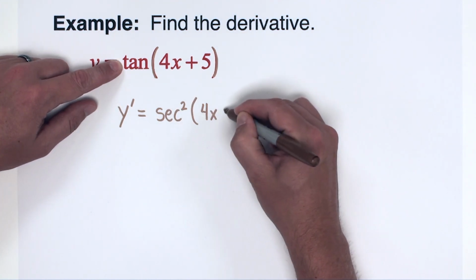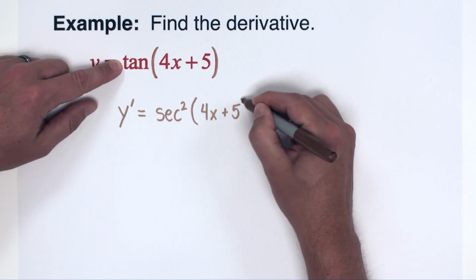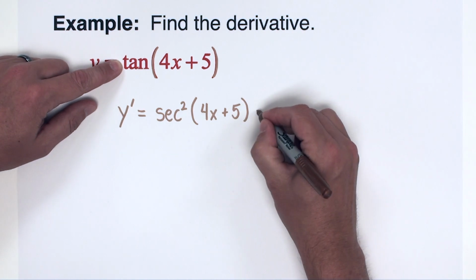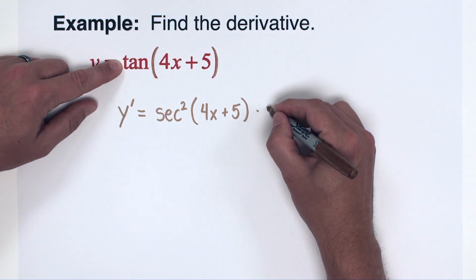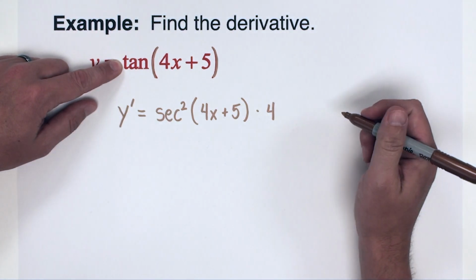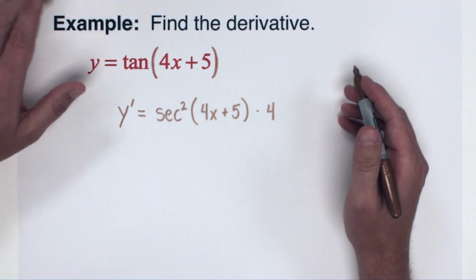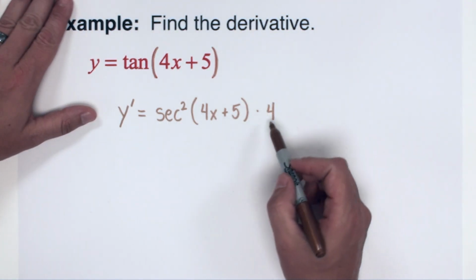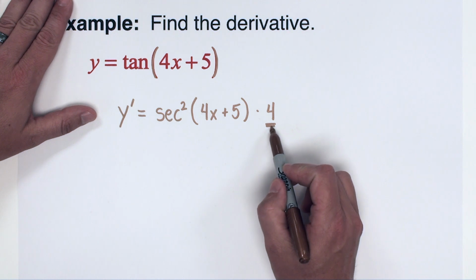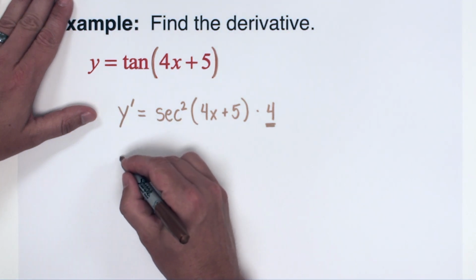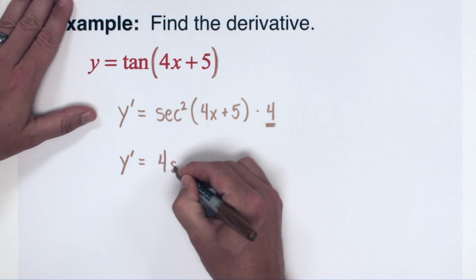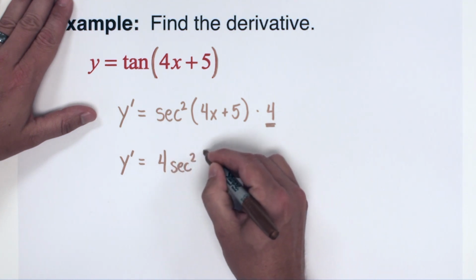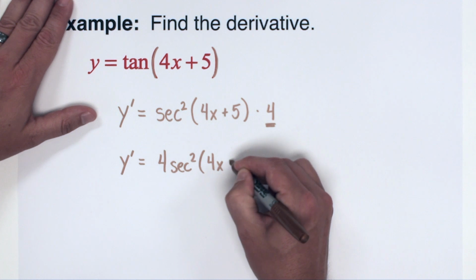So 4x plus 5, we're not differentiating that yet. And now we're going to multiply by the derivative of 4x plus 5, which is 4. Now again, typically the cleanup is we're going to take that 4, that factor, and just pull it to the front of the trig function. So our derivative is 4 secant squared of 4x plus 5.